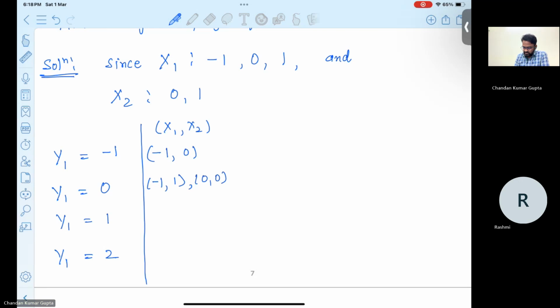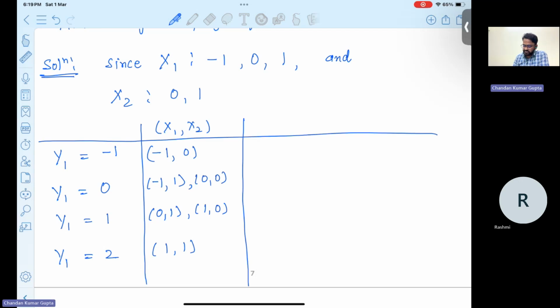Then y1 equal to 1 comes out when it is either (0, 1) or (1, 0), and 2 comes out when the value of x1 and x2 is (1, 1). In a similar manner, the value of y2 is either -1, 0, or 1.